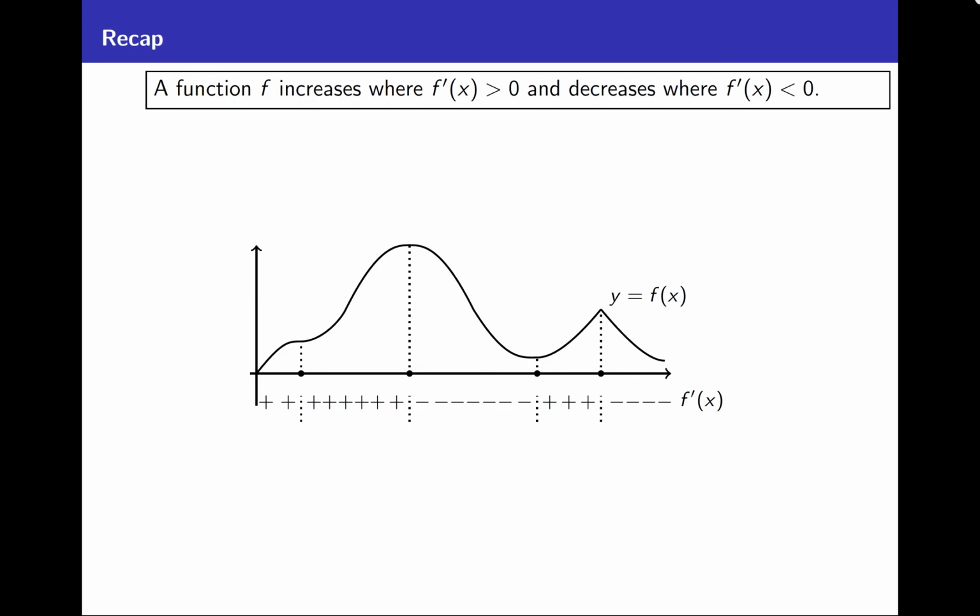That's it for today. Let's close with a recap of the important topics from this lecture and the previous one. The takeaway is that if we want to understand the behavior of a function f, its derivative f prime can be used as a tool. A function f increases where its derivative is positive and decreases where the derivative is negative.